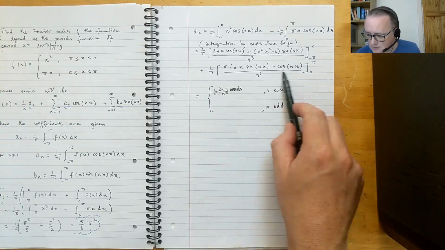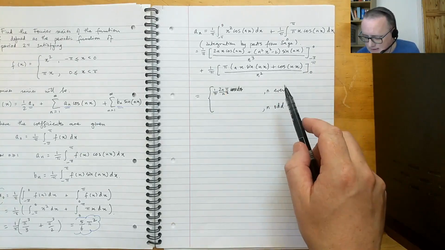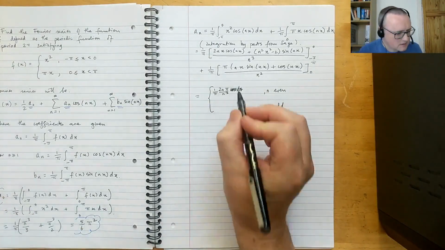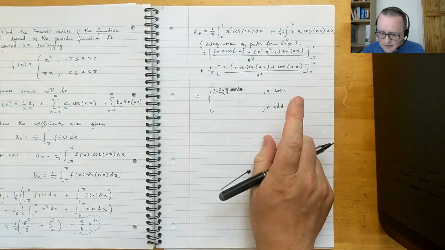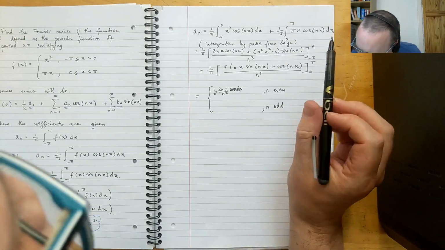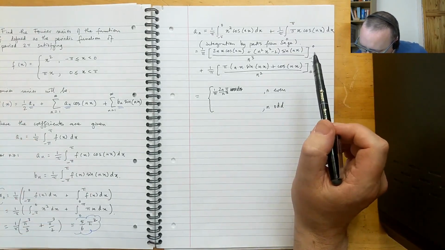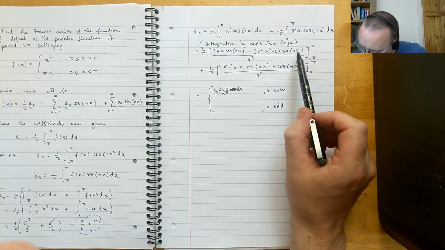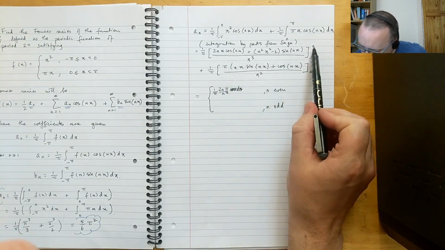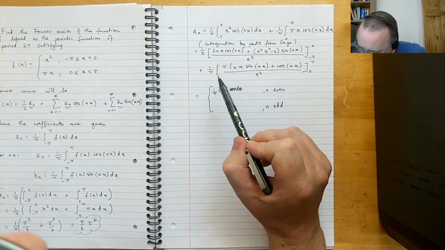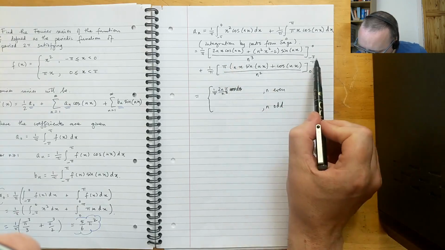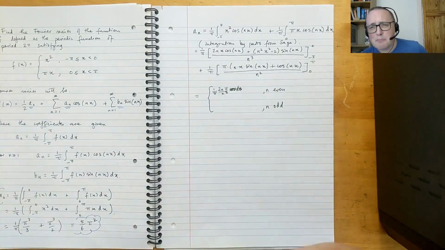So we don't get any contribution from the second integral in the case where n is even. So when n is even, you're just left with this term here, which simplifies to 2 over n squared. When n is odd, we will get something. What are we going to get? Well, again, nothing from the sine, and nothing in this first integral when x is 0, because there's a factor of x here. So when n is odd, you've got cosine of an odd multiple of minus pi, so that's going to give us minus 1.